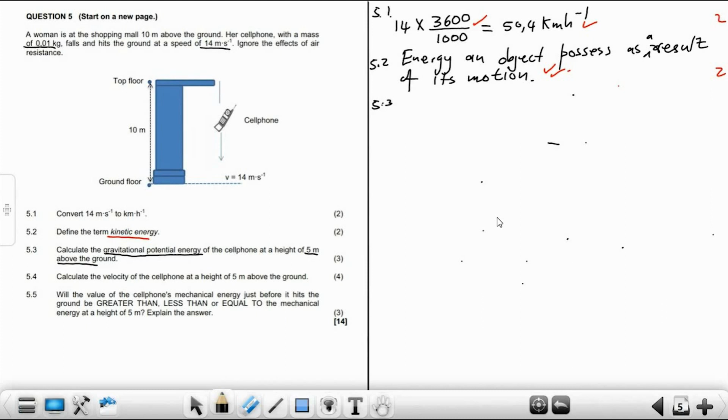So remember we spoke when we were doing waves to say for us to move from seconds to hours, we must multiply by 3600. But now for us to move from meters to kilometers, we must divide by 1000.